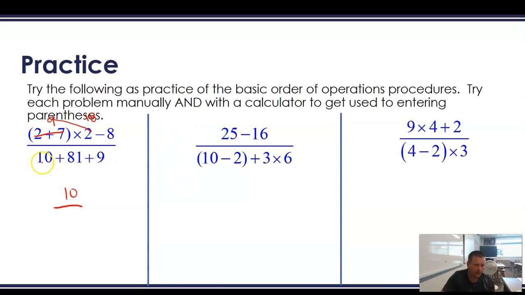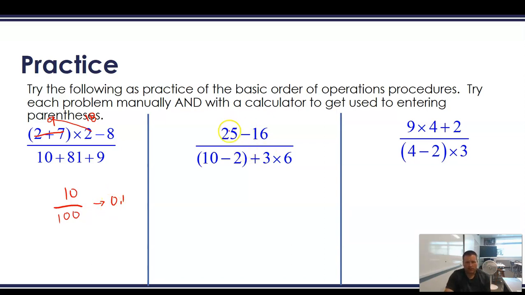So I go 10 plus 81, which gives me 91, plus 9, which gives me 100. Okay? And so then I can go ahead and divide those. And when I do that, that's just 1 over 10, which is going to give me 0.1 if you want it as a decimal. Okay?